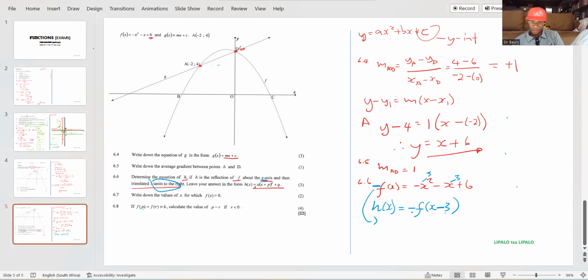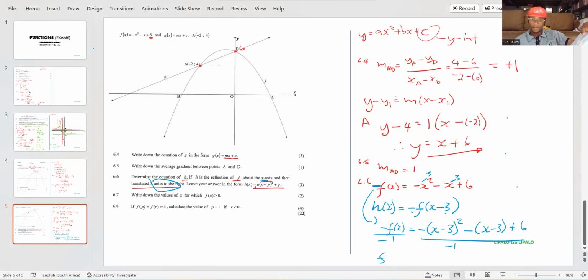So let us continue. We're going to have negative f of x is equal to negative x minus 3 all squared minus x minus 3 again plus 6. Then I divide by the negative here.